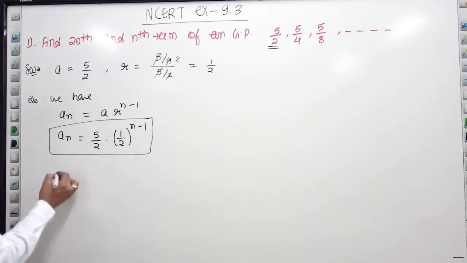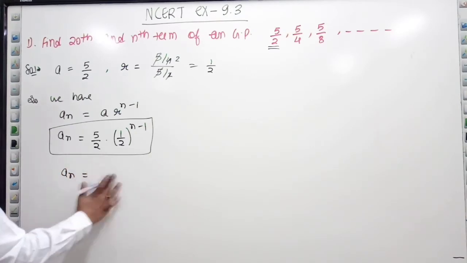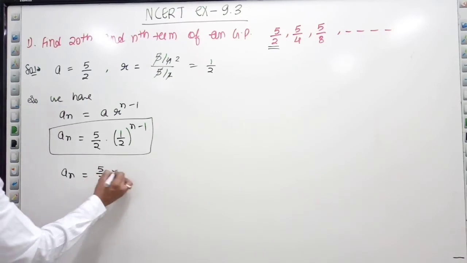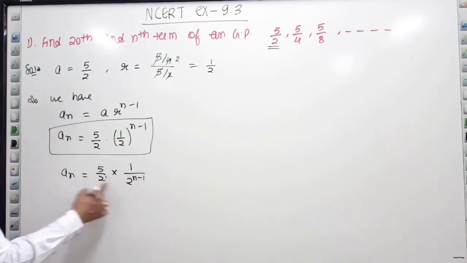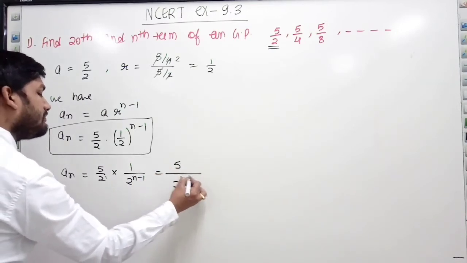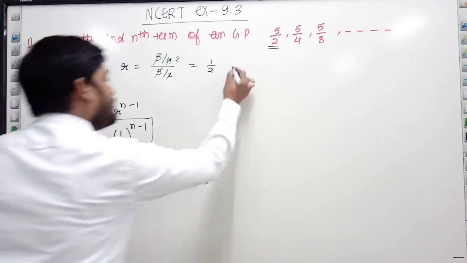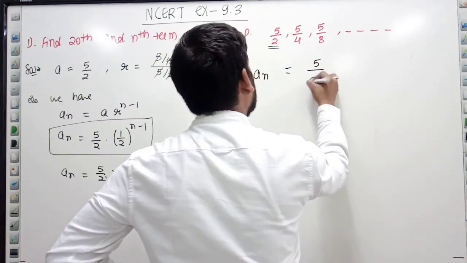If I want to simplify, I can write an is equal to 5 by 2 into 1 to the power n minus 1 is 1, 2 to the power n minus 1. The base is the same, so the powers will add: 5 upon 2 to the power 1 plus n minus 1, the 1 cancels out. So we have an equal to 5 upon 2 to the power n.